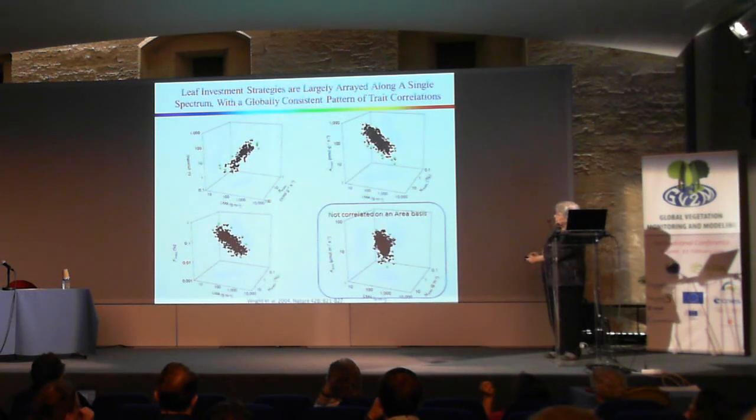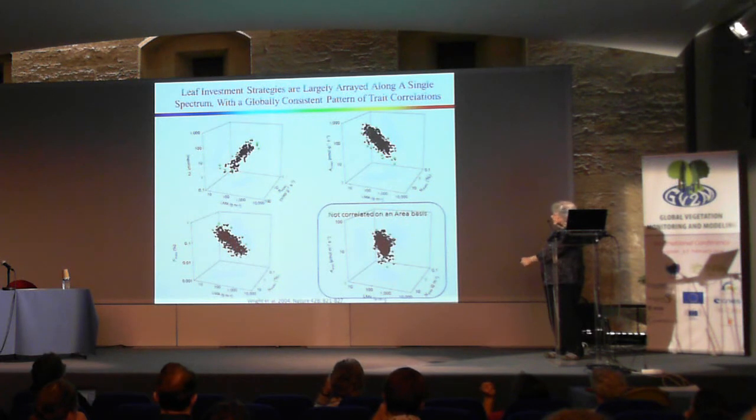In this example, which also comes from the same paper, it just goes on to show other correlations between leaf longevity and leaf mass area, here with respiration on a mass basis, or leaf mass area and nitrogen on a mass basis, and phosphorus and nitrogen and leaf mass area.